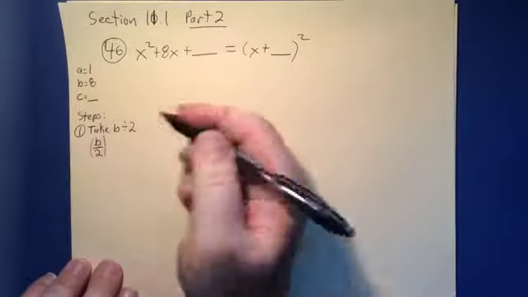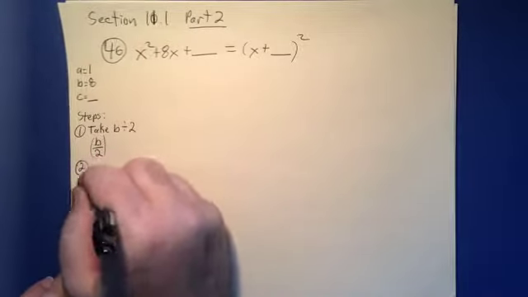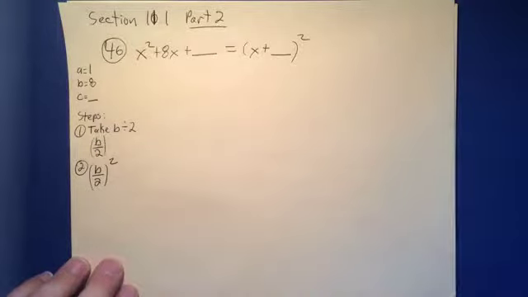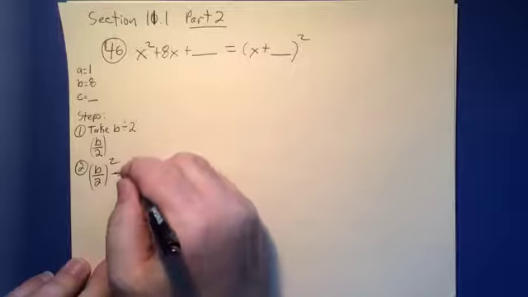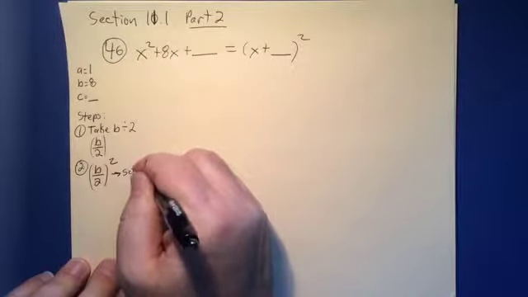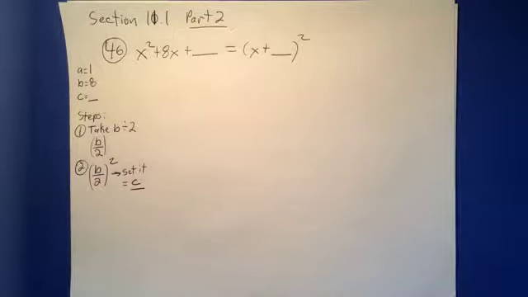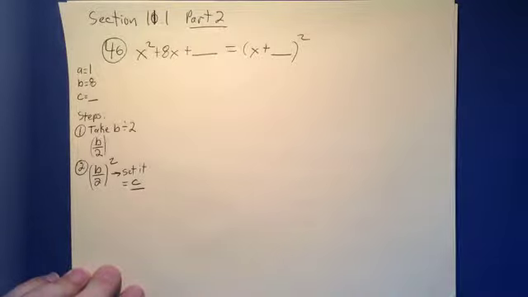Once I find what that value is, I will take the value of b over 2, whatever it is, and square it. And then I'm going to set it equal to c. At least for this activity, that's not quite what we do when we complete the square, but it's an integral part of the work we go toward.